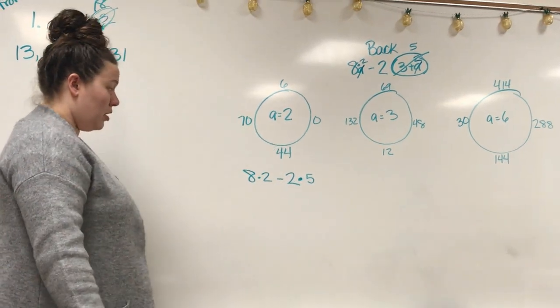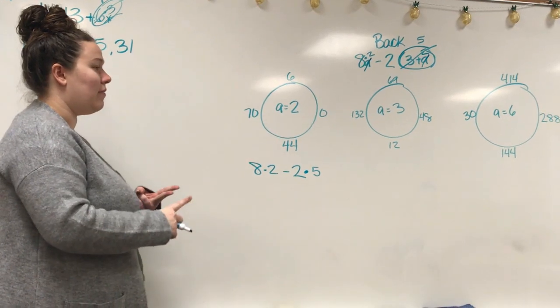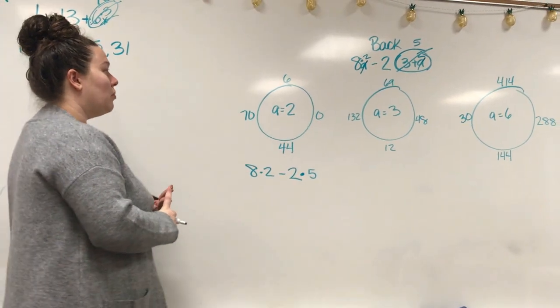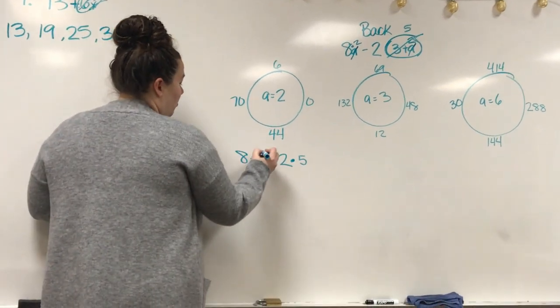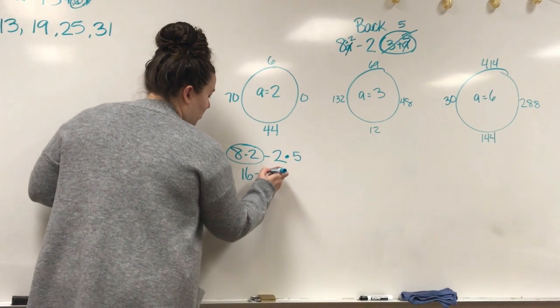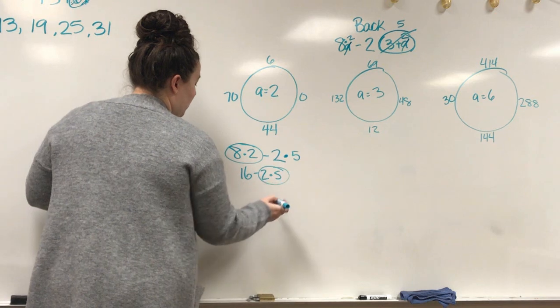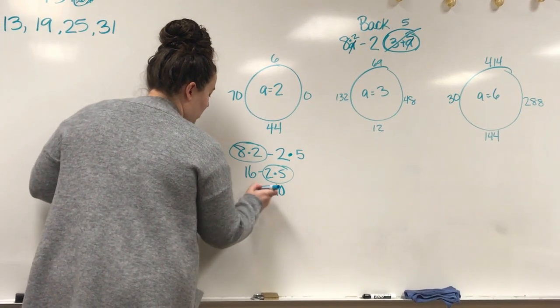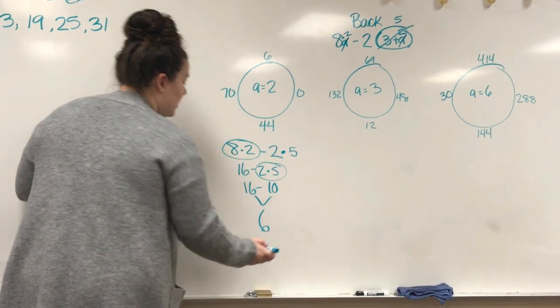Okay? So now we did multiplication, we don't have any exponents. We need to multiply or divide starting from left to right. Multiply, we have 16 over here, rewrite the problem. We're still on multiply, 2 times 5 is now 10. And I subtract those and I get 6.